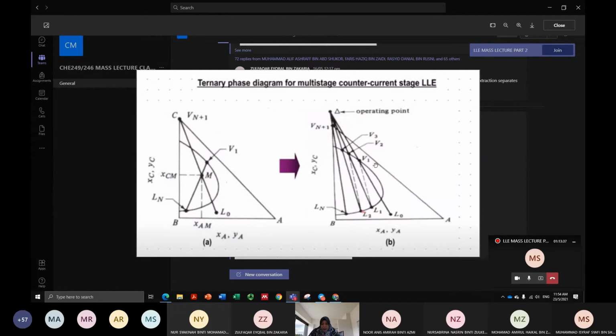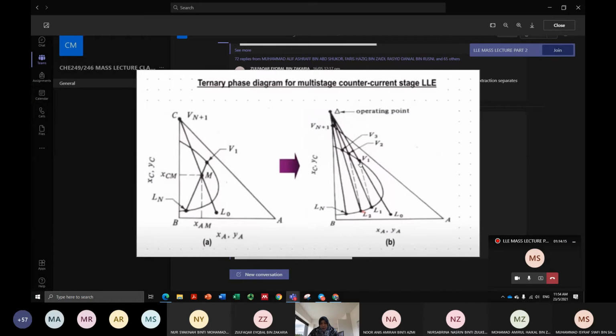So you have V1, you have L0, you have Vn plus 1, and you have Ln. Okay. With V1 and Ln, something like this, you cannot get your tie line. So what you should do is connect your V1 with the reference point or operating point.